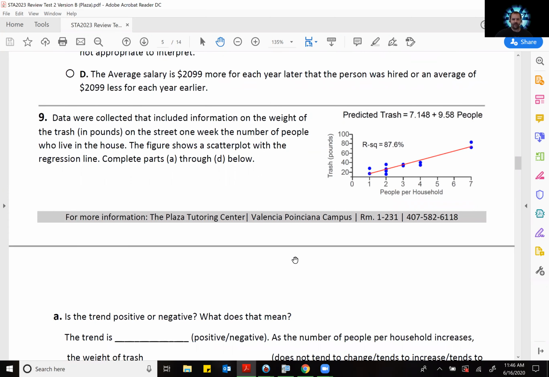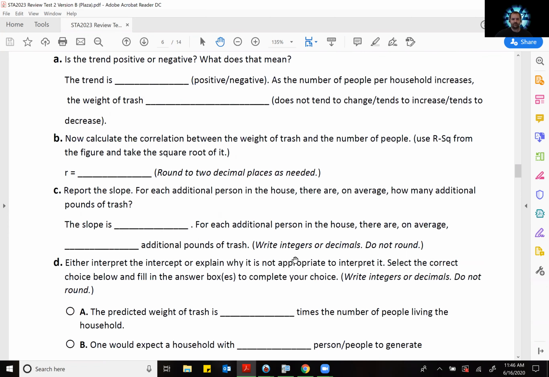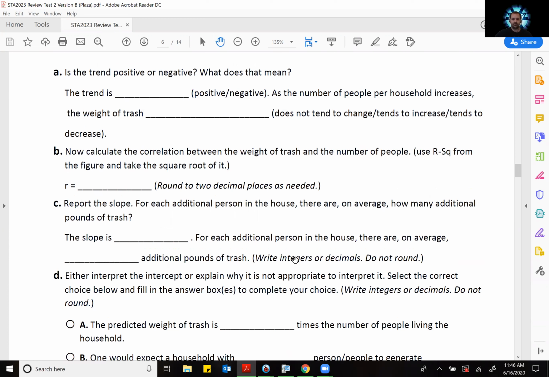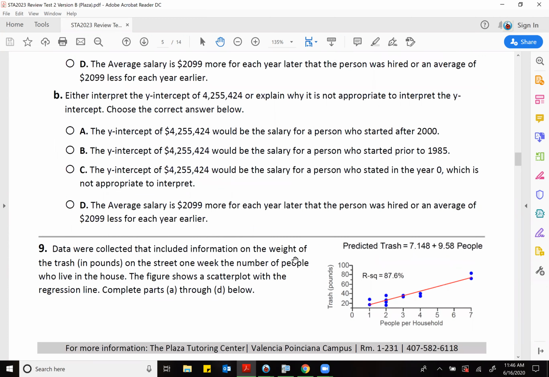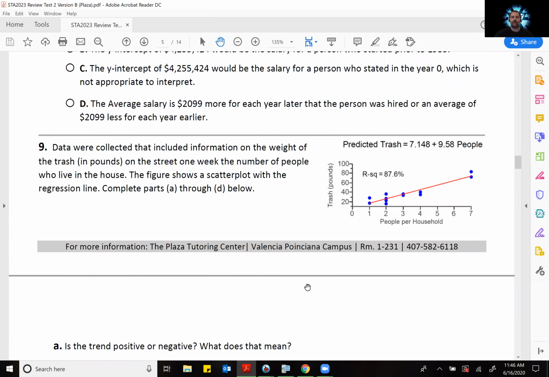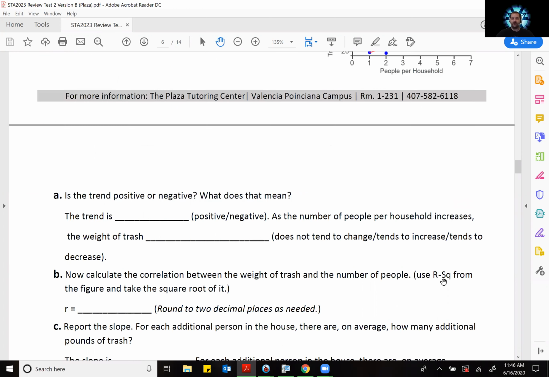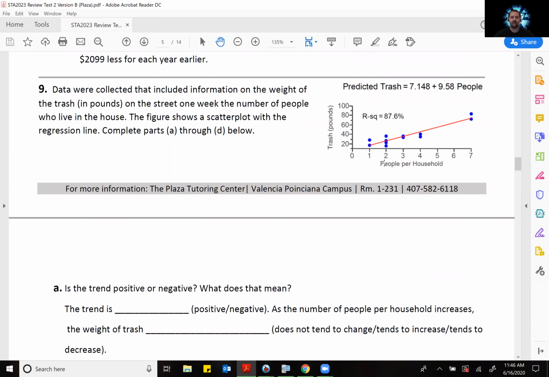Deanna, do we have any data for this? It says there R is something on the graph. Never mind. So we use the R squared from the figure and take the square root. So there's the hint for us. All we have to do is take this R squared and take the square root of that. But be careful, that's a percentage.